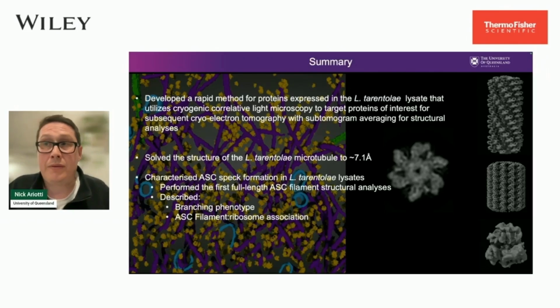And finally, we've characterized ASC speck formation in the Leishmania tarentulae lysate. We performed the first structural full-length analysis of this ASC filament, and we noted a branching phenotype and an interesting association between ASC filaments and ribosomes.